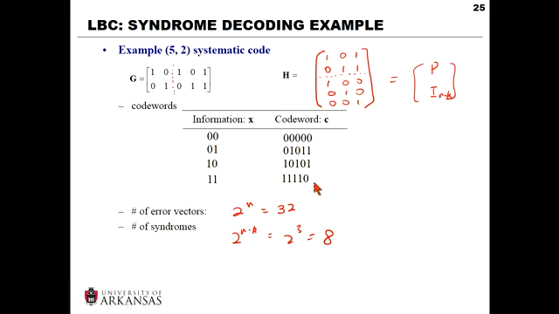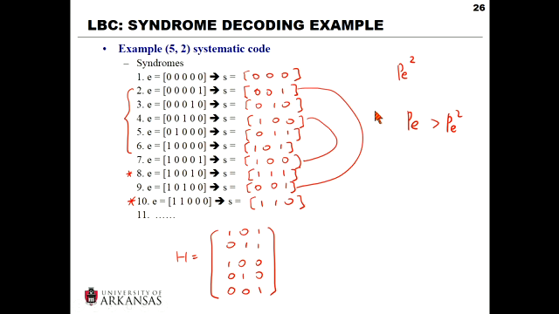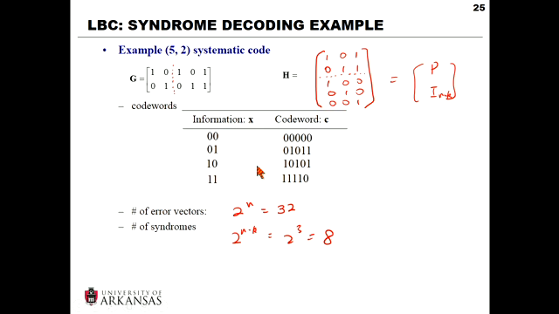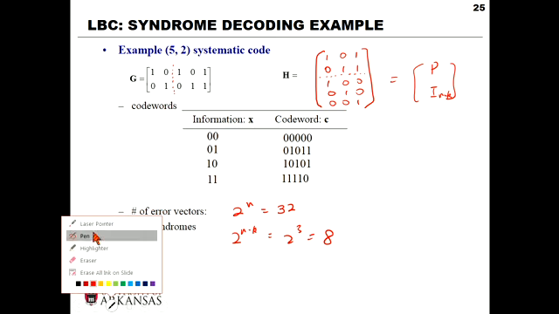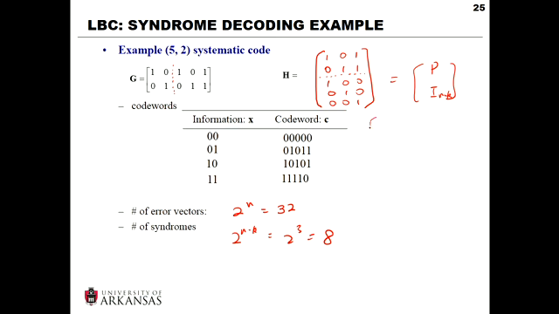And out of 4 code words, how many pairs will we have? Pick 2, so we have 6 possible different Hamming distances. So let's list them one by one. D, 1, 2.